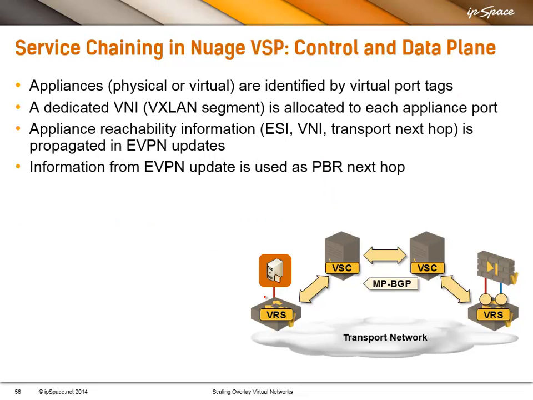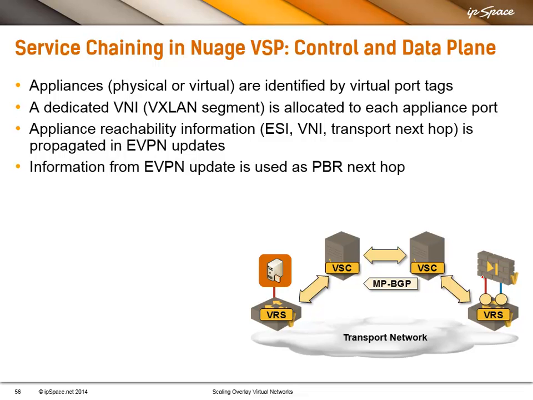On the control and data plane, the appliances are identified by so-called virtual port tags, and the appliances can be physical or virtual. Obviously, physical appliances would be attached to some sort of a hardware gateway. And then the VSC would create a dedicated VXLAN segment for every appliance port.